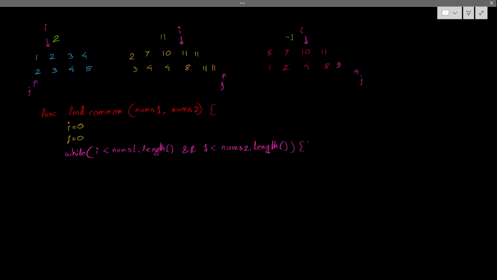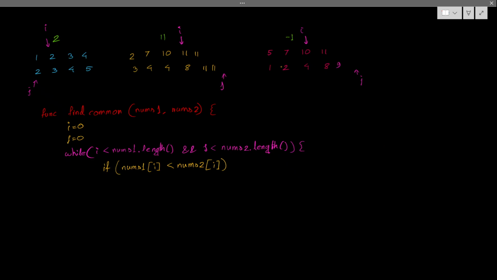And in the iteration, what do I have to check? Simple, as I told you earlier. First check if nums1 of i is less than nums2 of j.